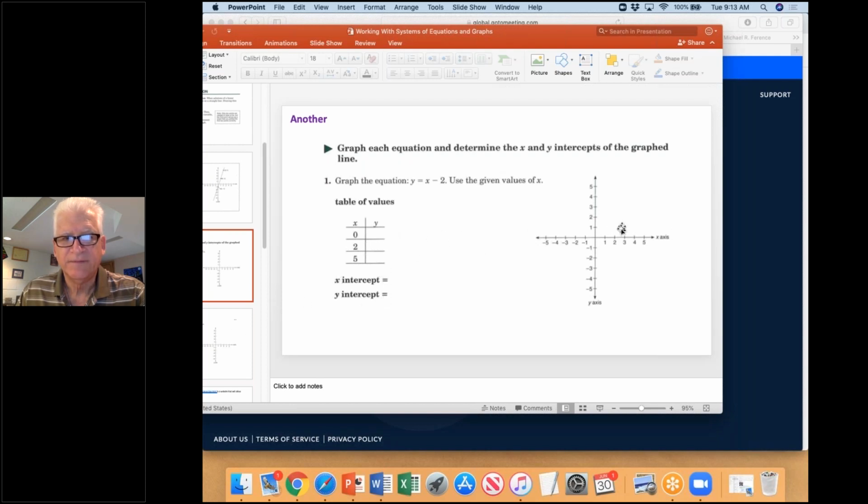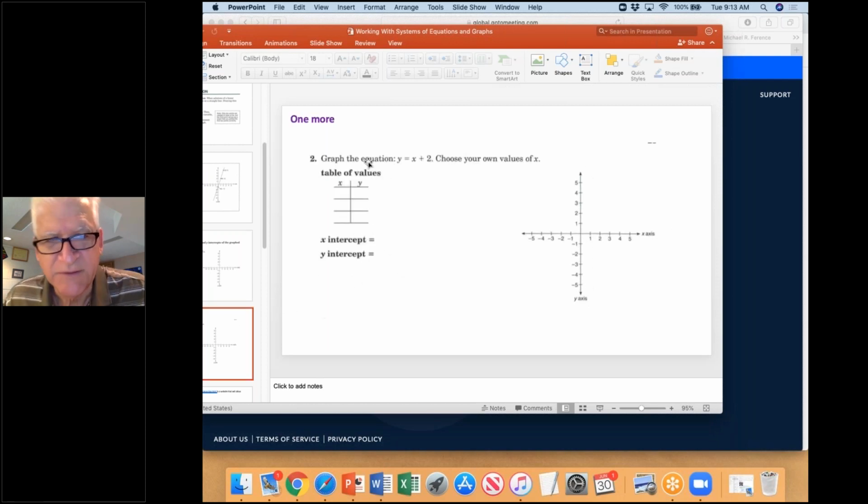Well, if you recall, it crossed the y-axis at 0, that's your y-intercept, and the x-intercept was at 2. We'll fill those in the next problem to be sure.